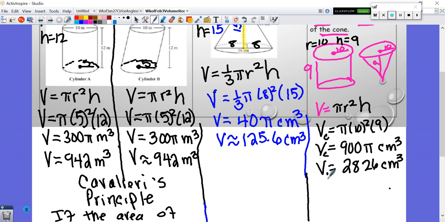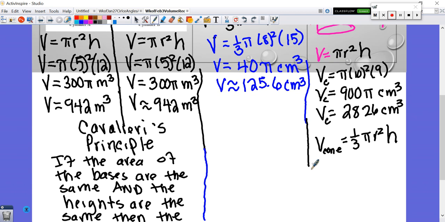I'm going to put C right here. And now I'm going to do the volume of the cone, and then we'll go back and answer the question. So volume of the cone, I'll do next, is 1/3 pi r squared times height. So volume of the cone would be equal to 1/3 pi, oh my bad, 10 squared, that's the radius, times the height.